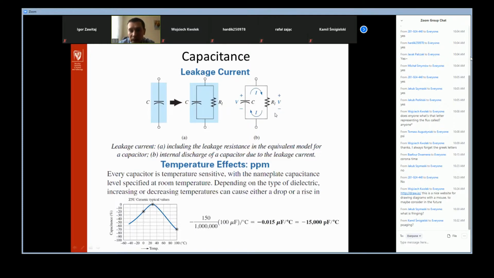What does it mean? The potential between the plates will be reduced and reduced in the time domain. That's why we can say that we've got the discharging process of the capacitor. So any real capacitor, in fact, after some time loses the charge which was collected before.